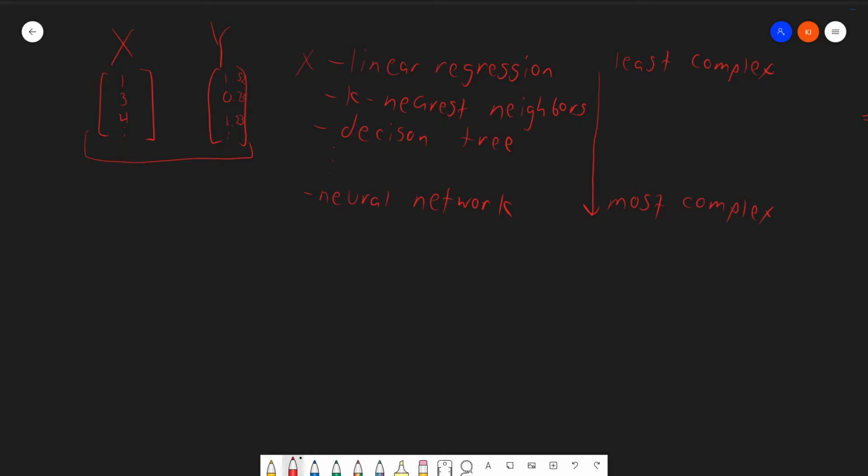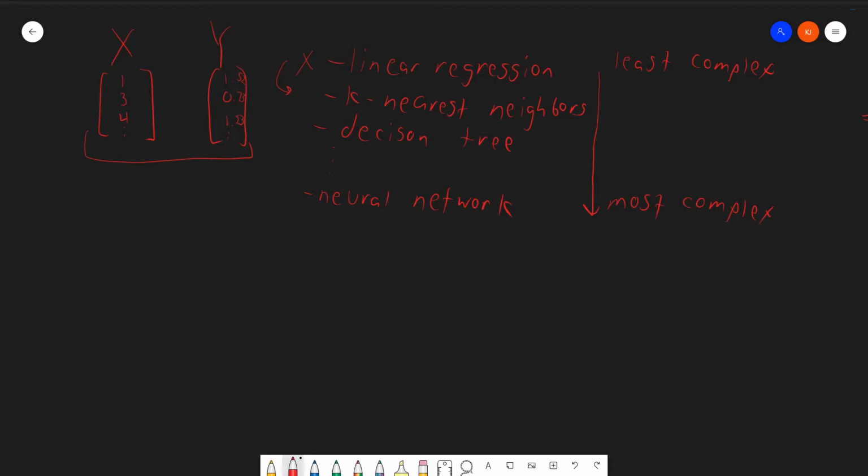So then you move on and say, okay, what's the next most complex algorithm? Maybe k nearest neighbors could work best. And as I mentioned before, it's a type of clustering algorithm. You could get some sort of accuracy out of this as well, maybe a little bit better than linear regression.